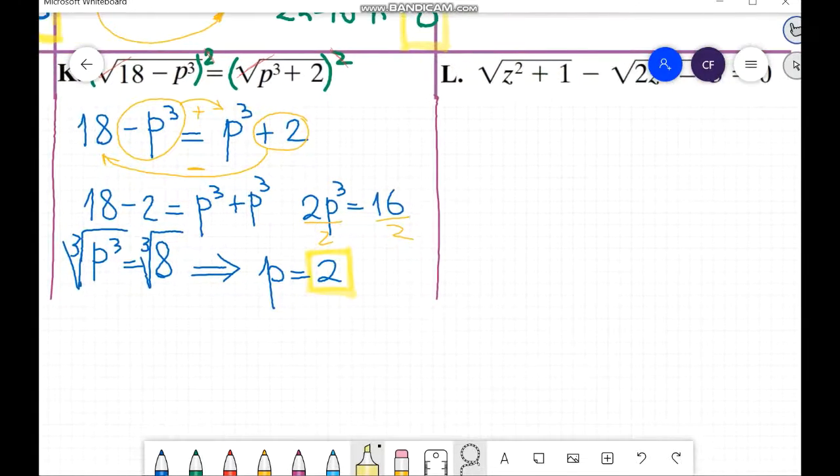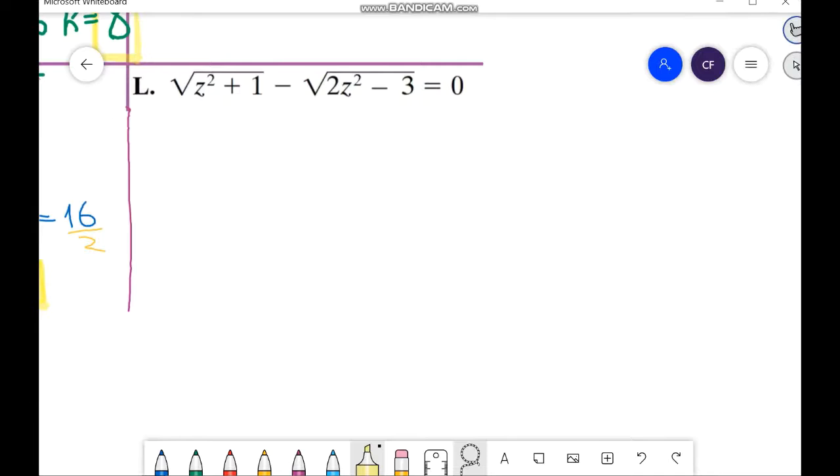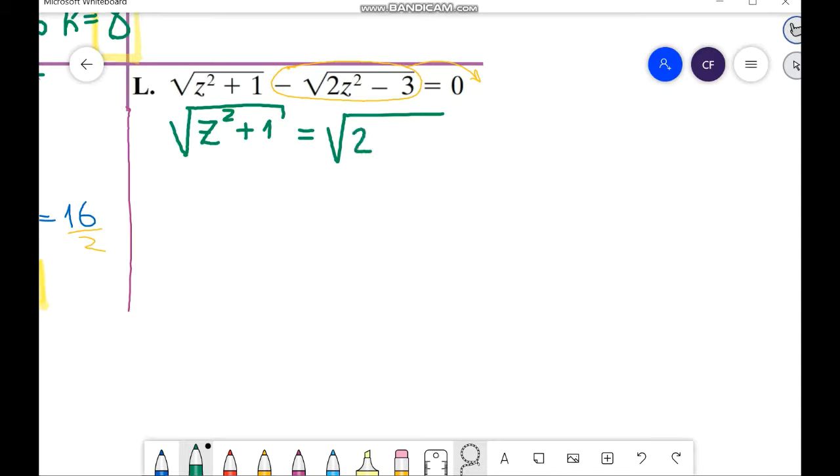That's slightly different, because now we have the square root of z squared plus 1 minus the square root of 2z squared minus 3. So isolate the radical, move this to the other side, and then we're going to have the square root of z squared plus 1 equals the square root of 2z squared minus 3.